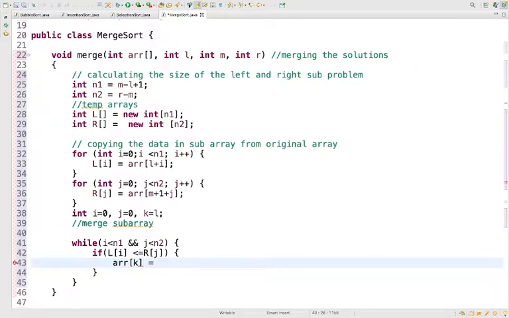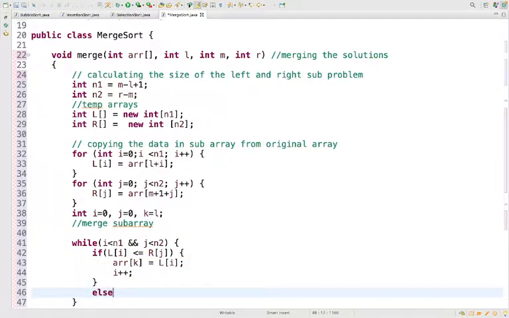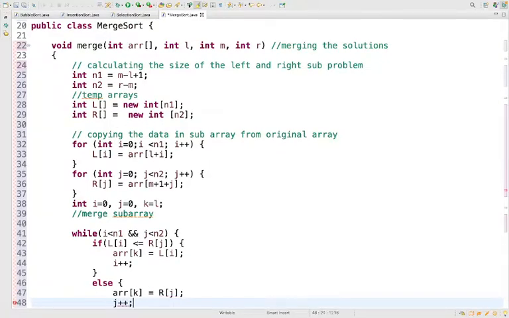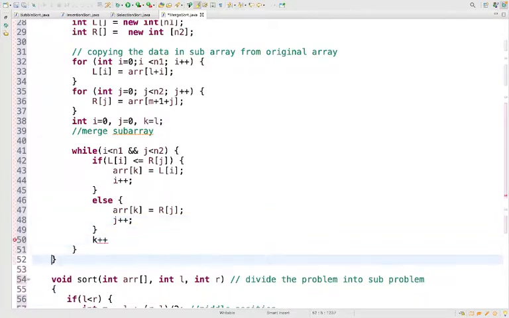Then we increase the value for i, and we just copy paste it. Else, ARR k will be assigned R of j, and then we do j plus plus, and every time we do this, it will be k plus plus.